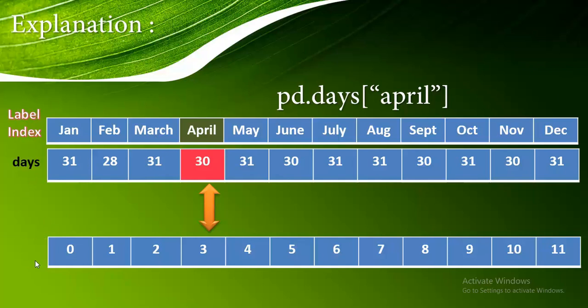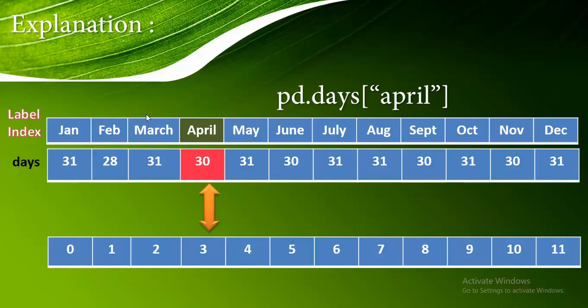Then, instead of using the default index, we just label the index. This default index we have given some name: 0 to Jan, 1 to Feb and 2 to March and so on. This is called the label index.